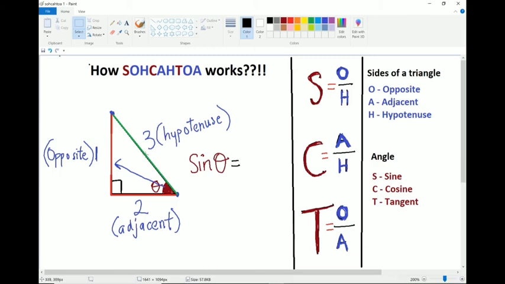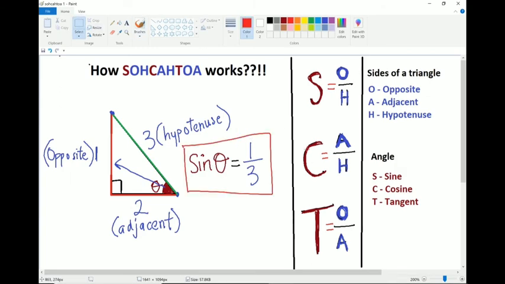And then the hypotenuse is 3. We also learned how to find the hypotenuse. The opposite is 1 and the hypotenuse is 3. Okay, so the sine of this angle is the opposite, which is 1, over the hypotenuse, which is 3. So the sine is opposite over hypotenuse.